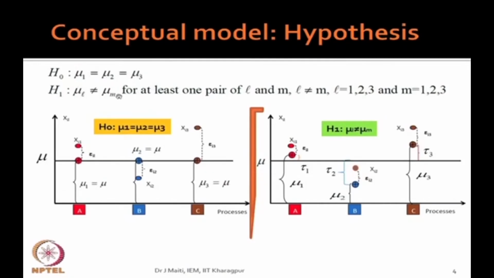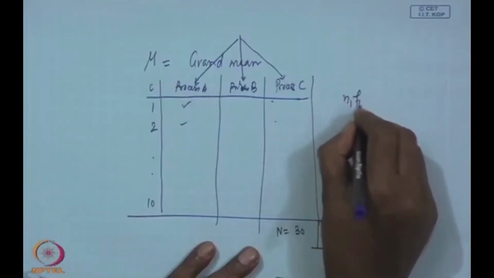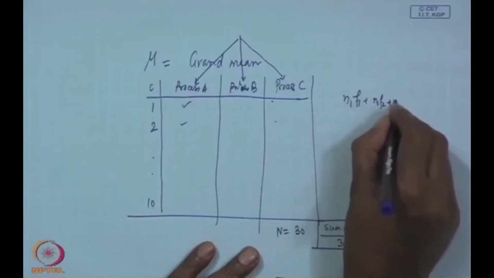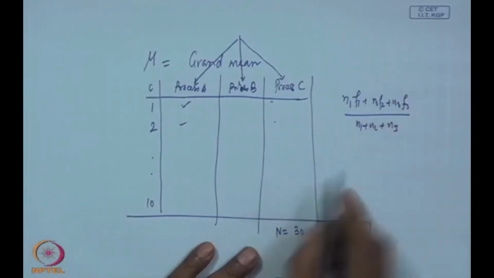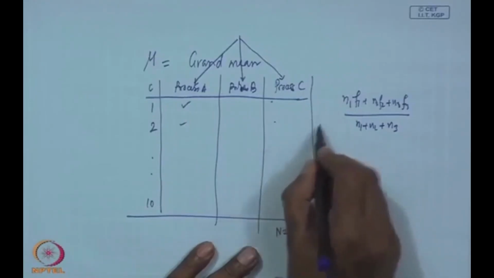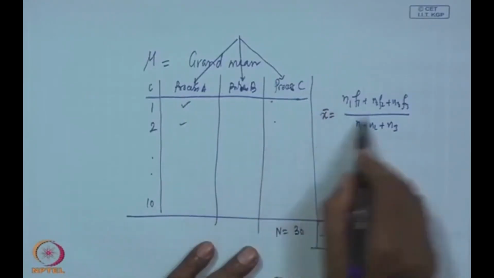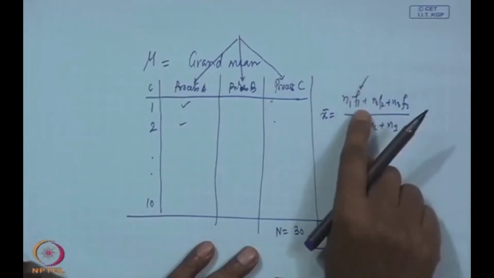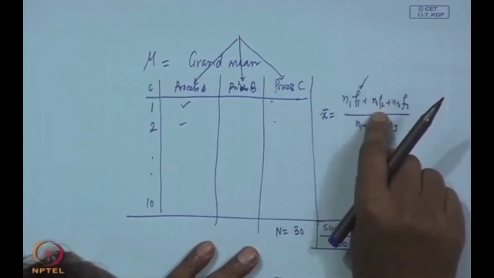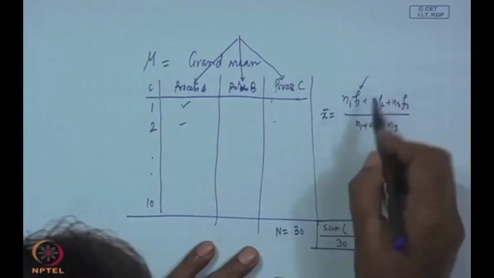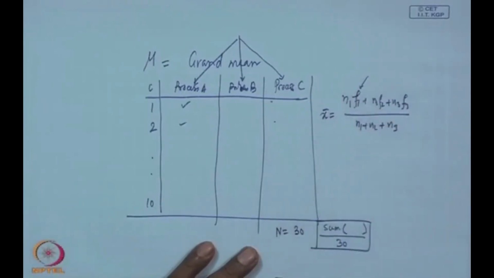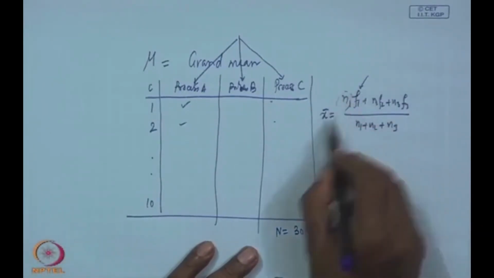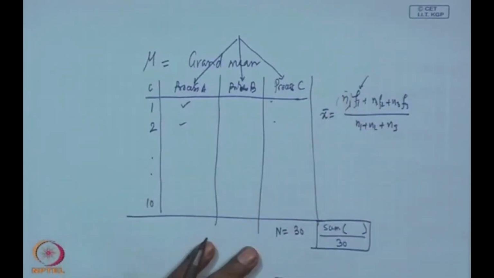Because what is the group mean calculation? I think all of you know: N1 F1 plus N2 F2 plus N3 F3 by N1 plus N2 plus N3, that is the group mean. If you calculate the group mean, this is the formula, where for the first case the frequency is F1, for the second case the frequency is F2.